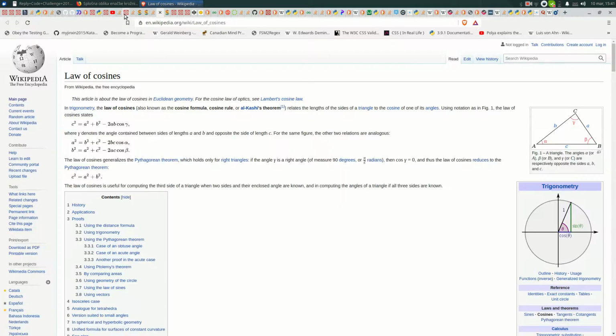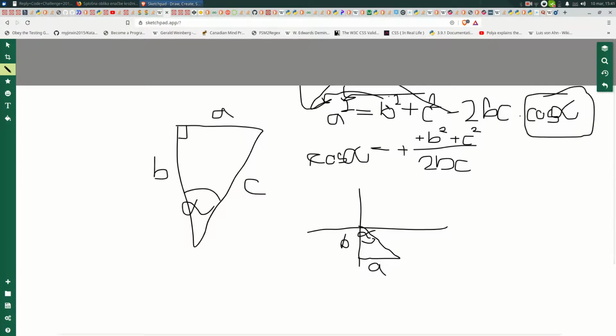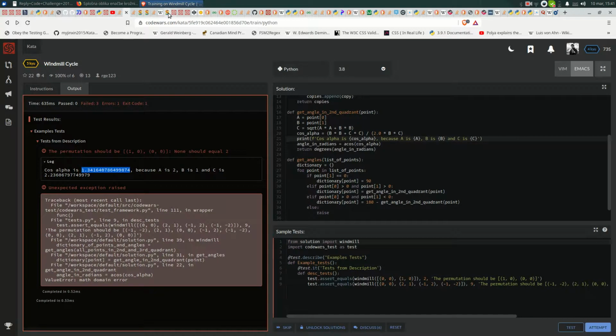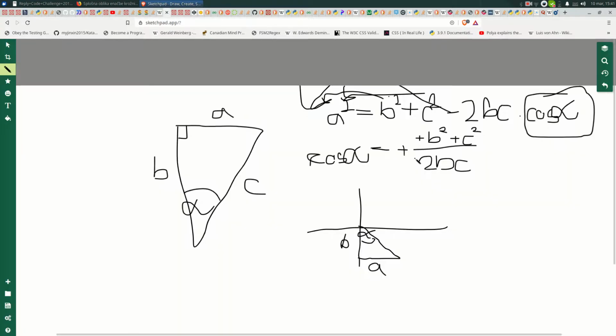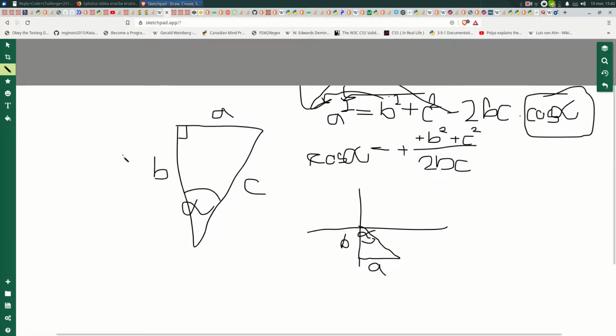This calculation, right? Alright, I guess that thing was wrong. Because if B is 1, then this shouldn't be more than 1, I guess. And so A is 2, B is 1, and this is 2.23.